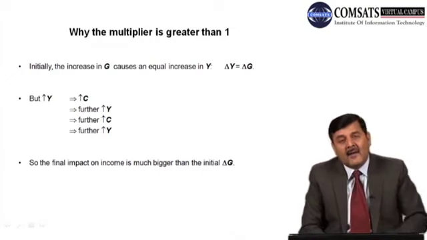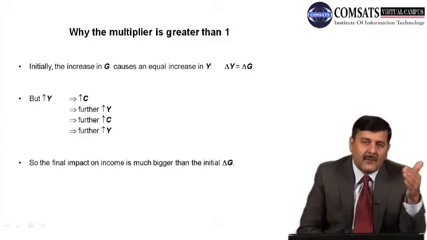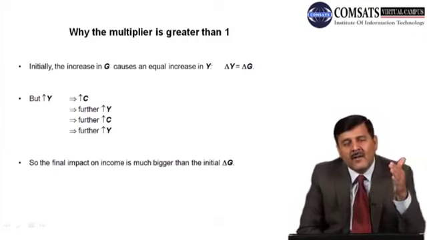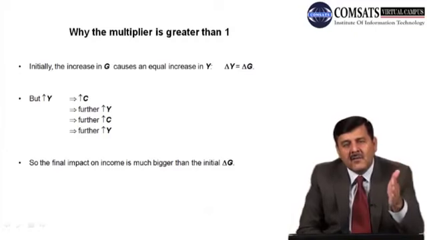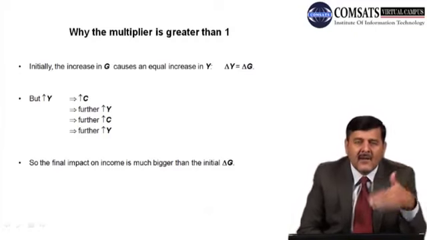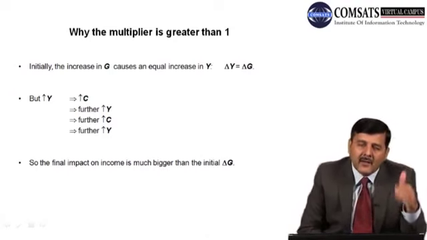So that is the reason कि जब शुरू में initially तो ये होता है कि जितना government purchases बढ़ती हैं उतनी ही income बढ़ती है, but with the rise in income, consumption of the individual will go up. जब consumption बढ़ती है तो further income में इजाफा होता है, फिर consumption बढ़ती है, फिर जब income में इजाफा होता है फिर consumption बढ़ती है.